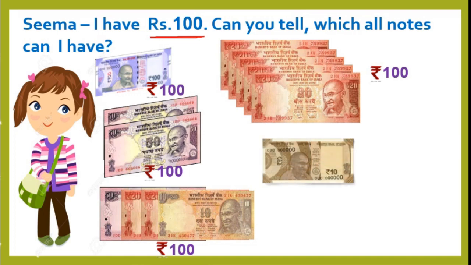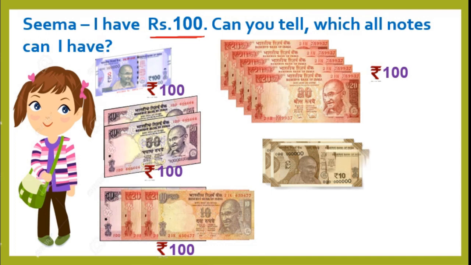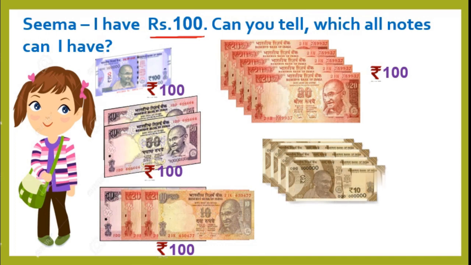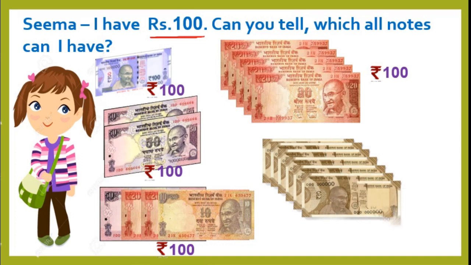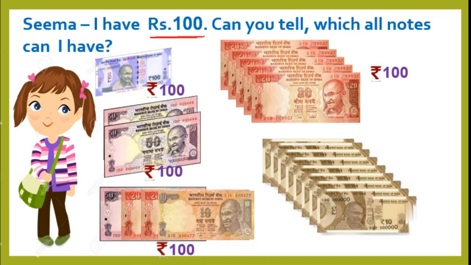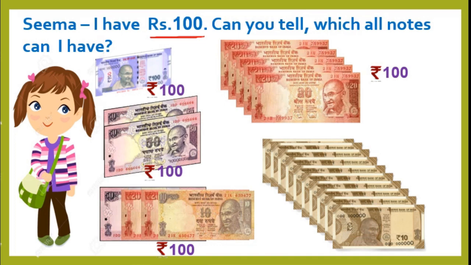Okay, here we will see 10 rupees. He used 10 rupees. 1 note, 2 notes, 3 notes, 4 notes, 5, 6, 7, 8, 9, 10. 10 tens are 100, isn't it?